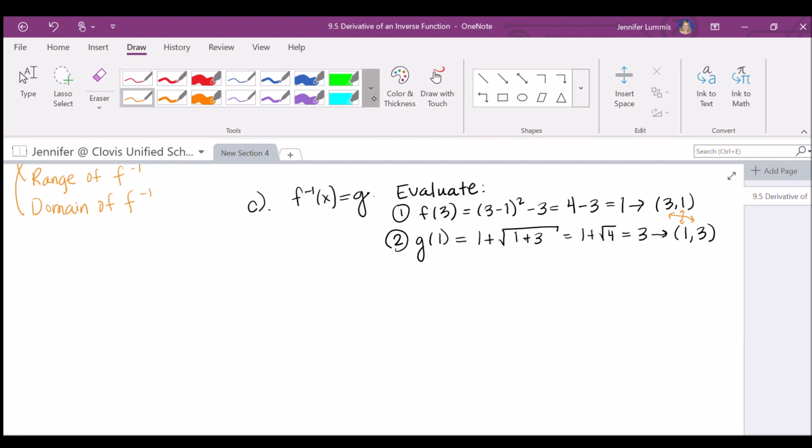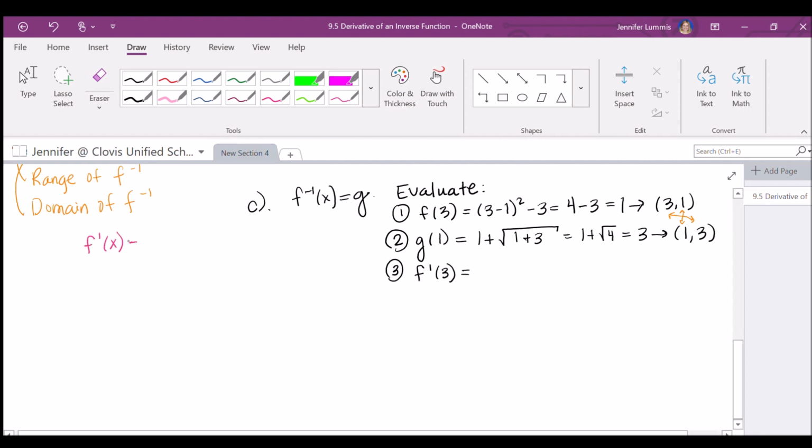Now, I think something that will be a little surprising to us is the next part. So the third thing we're going to evaluate is the derivative of f at 3. So let's go back and take the derivative of function f. So we'll just make some space over here on the side. So f prime of x.